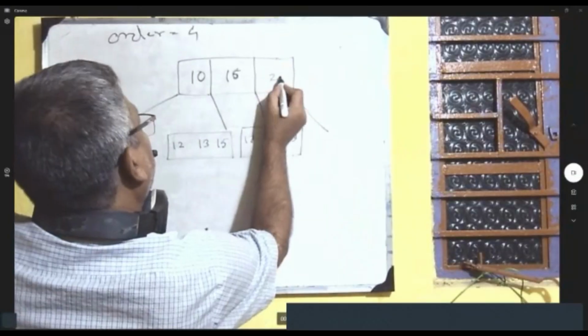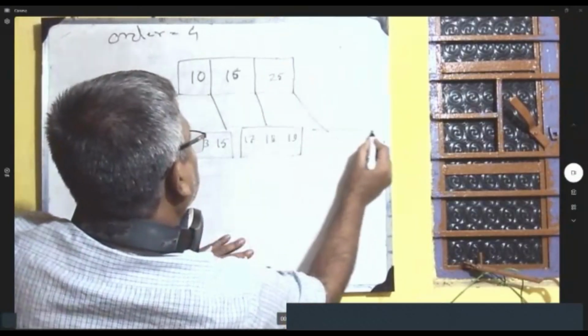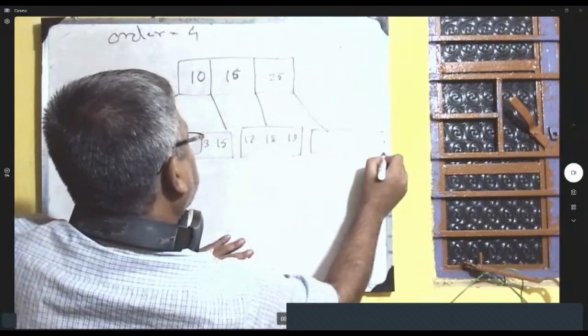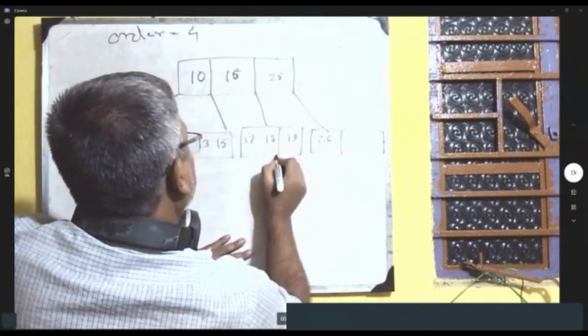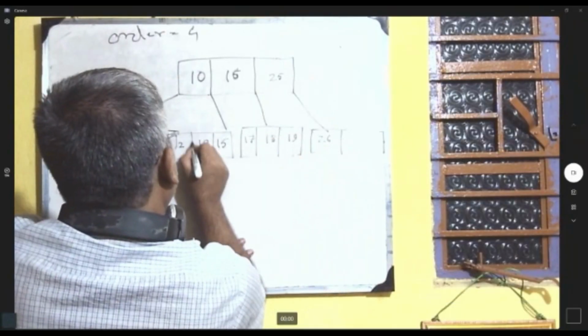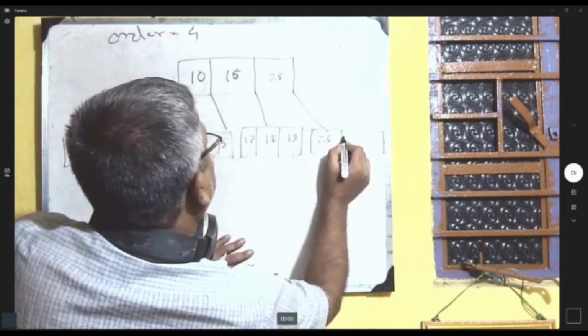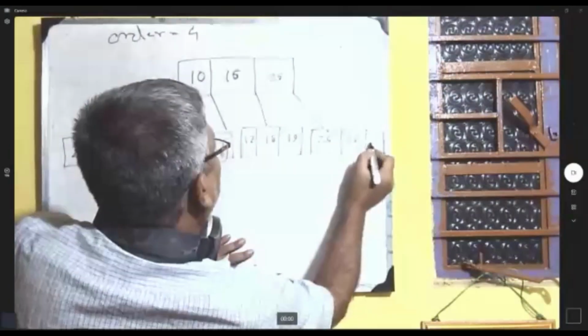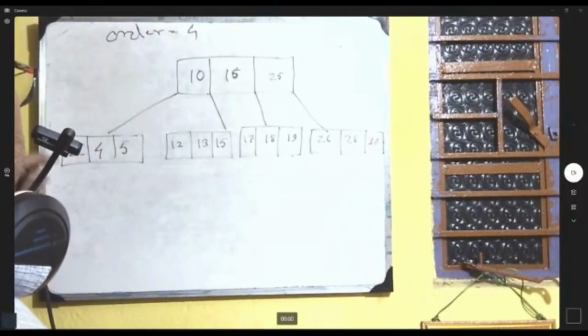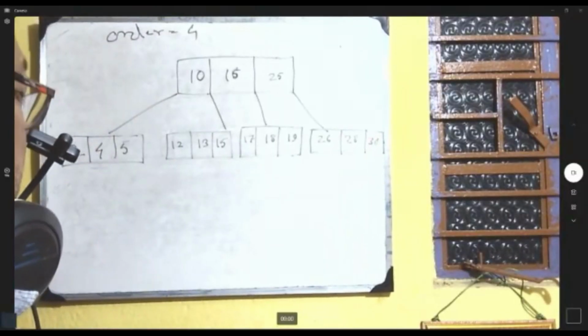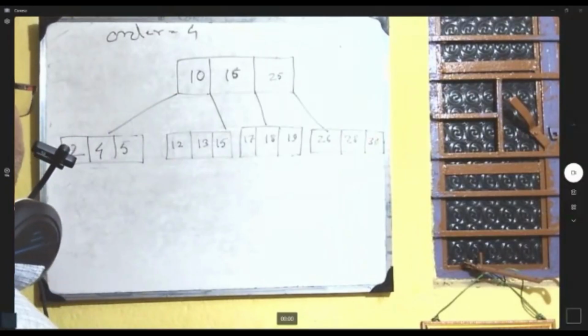Suppose this is 25, and the rightmost child of the B-tree has 26, 28, 29, 30. This is a B-tree with level 0 and level 1.